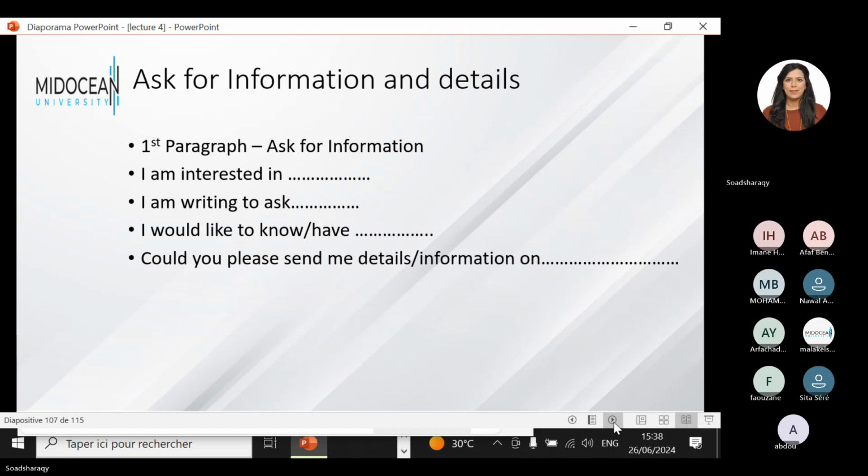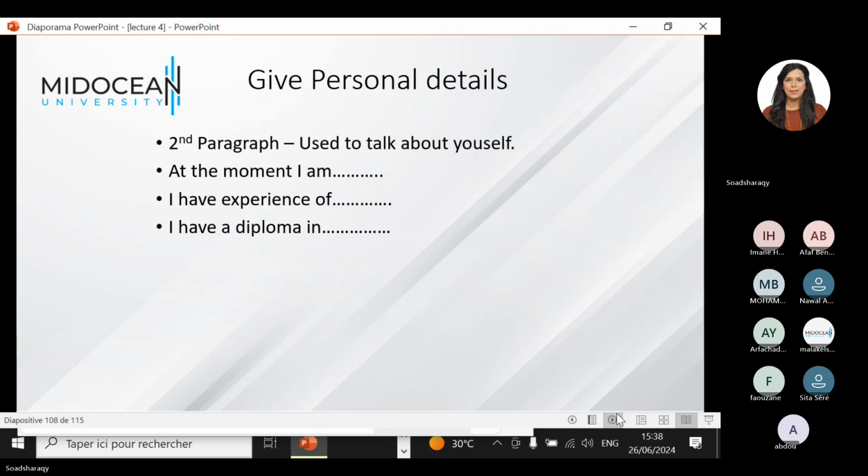Second paragraph, give personal details. It's used to talk about yourself. Example, at the moment I have experience of, I have a diploma in. So here you give your personal details.